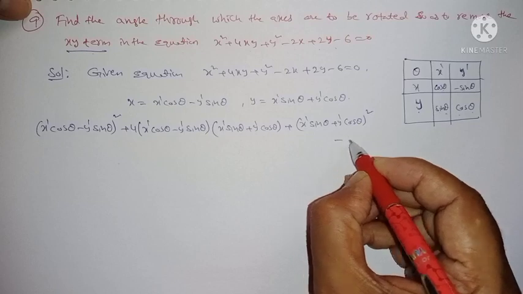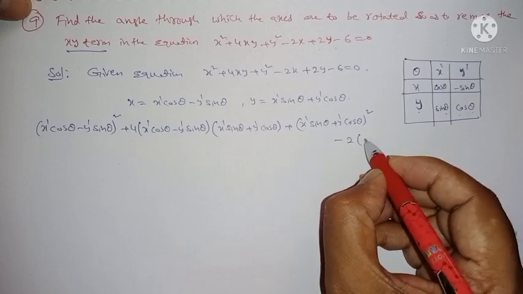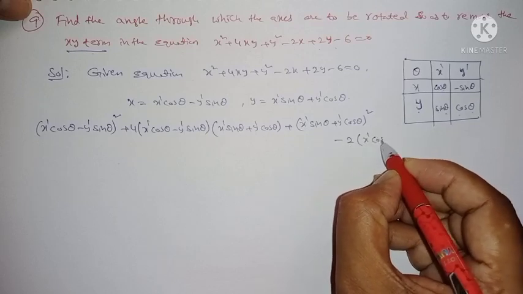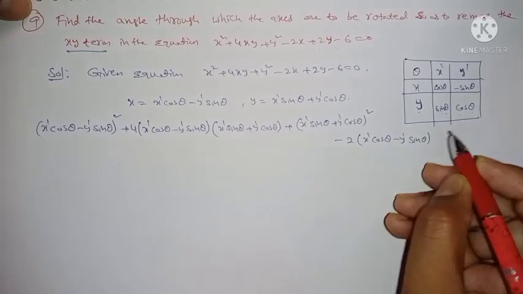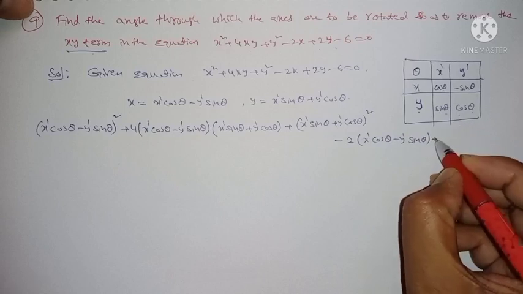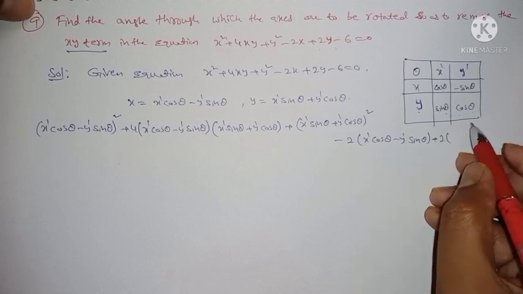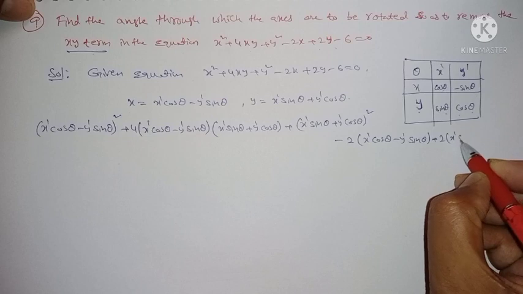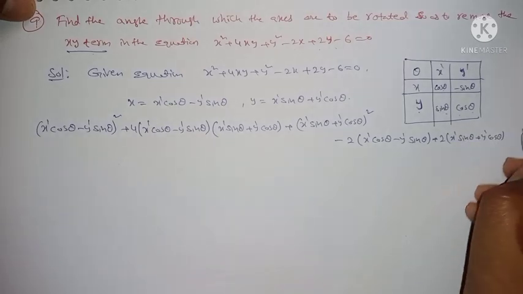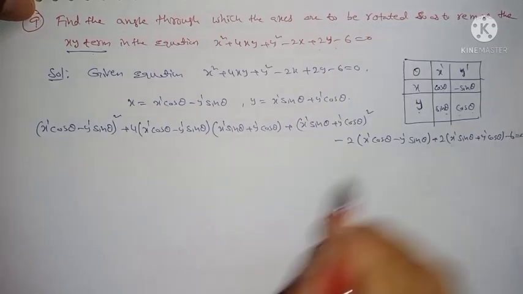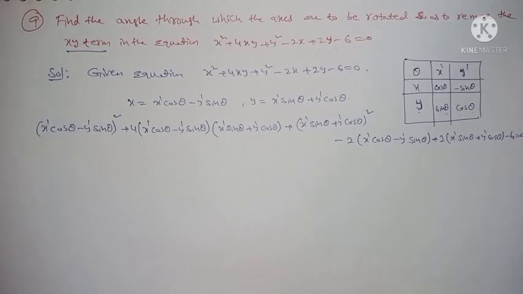Minus 2 times x, which is x dash cos theta minus y dash sin theta, and plus 2 times y, which is x dash sin theta plus y dash cos theta, minus 6 is equal to 0.